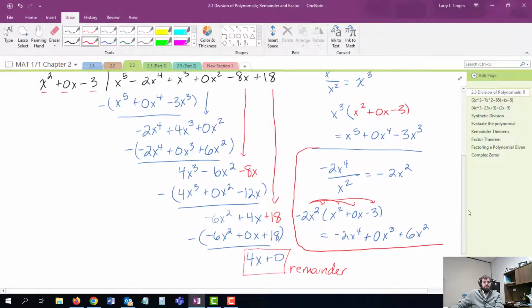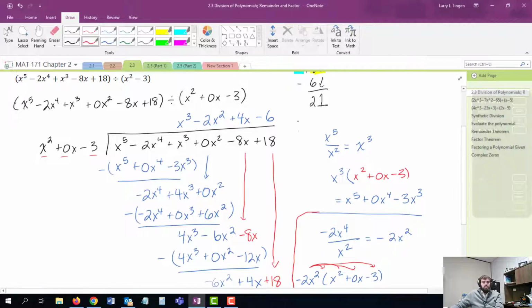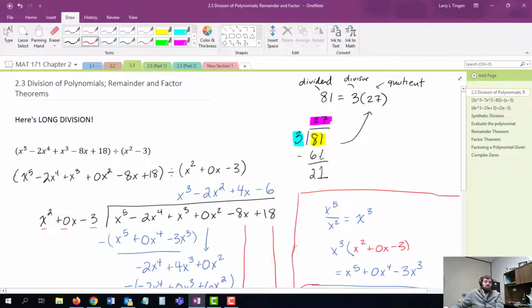All right. So what does all of this work mean? Okay. Well, remember in my previous problem, or my simple long division problem, 3 went into 21 7 times. 3 times 7 is 21.